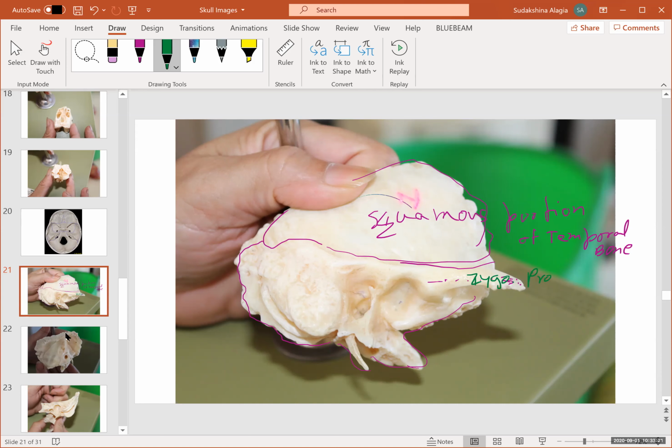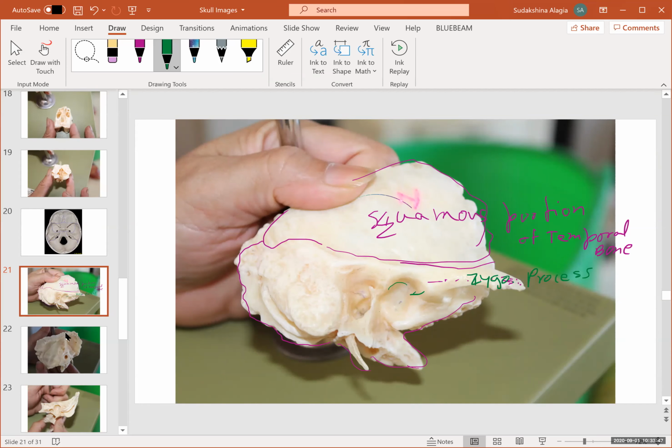I'm just going to abbreviate a little bit. Okay, so then below that, where's the mandibular fossa? Not below, but slightly inferior and slightly posterior. So this is the zygomatic process, posterior to that and slightly inferior to that. See, that's the depression.